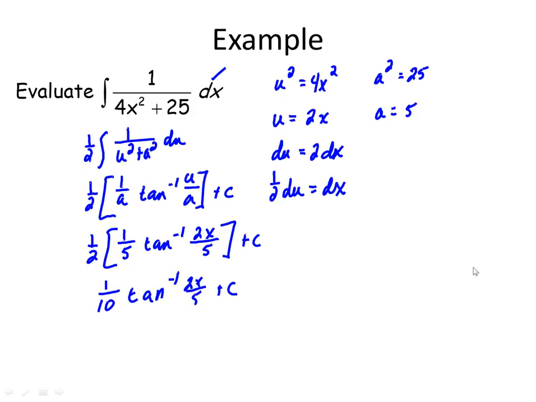Don't multiply that 1/2 times the 2x over 5. That is the argument. You've got to be able to pick out the difference between the argument and a coefficient. And that's it. What do you think? Any questions? Okay.